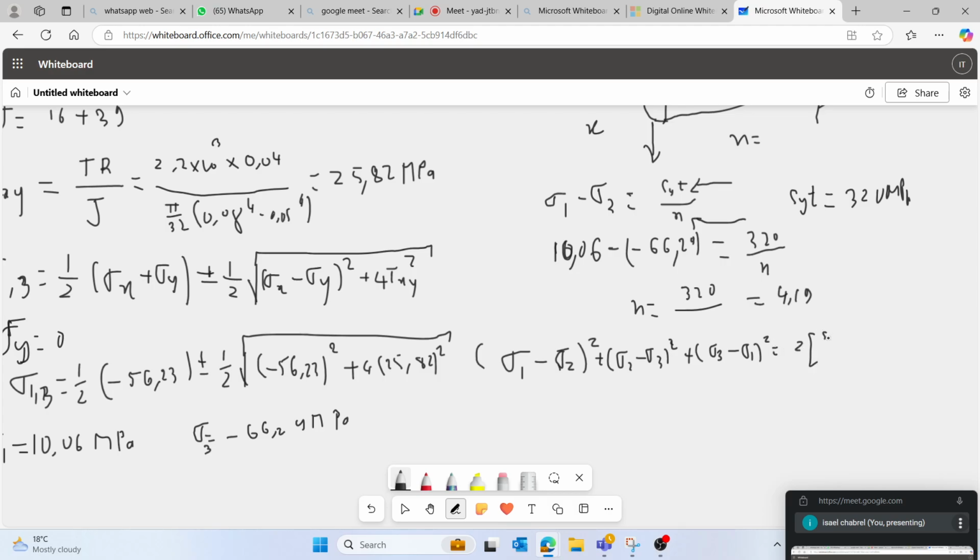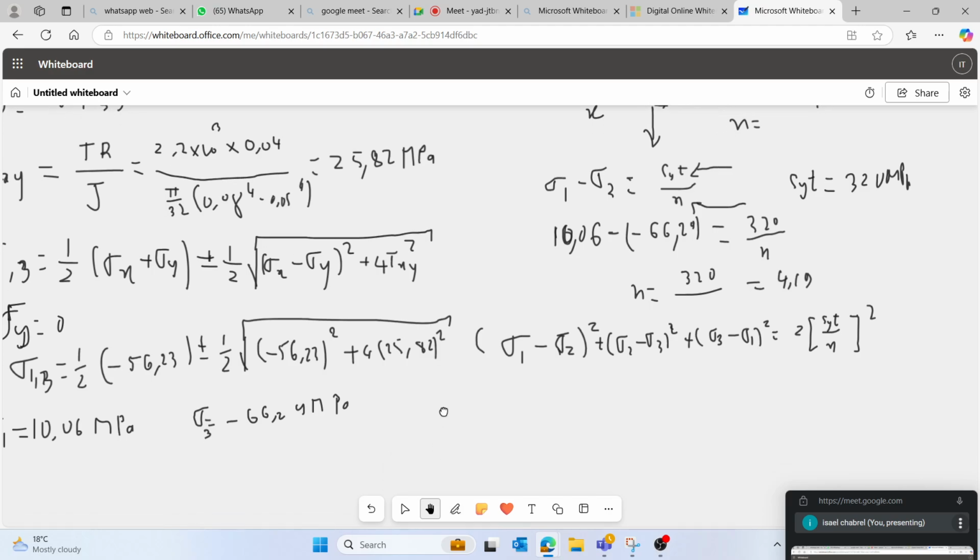You need to remember the formula here: SYT over N, everything squared. So we substitute again.